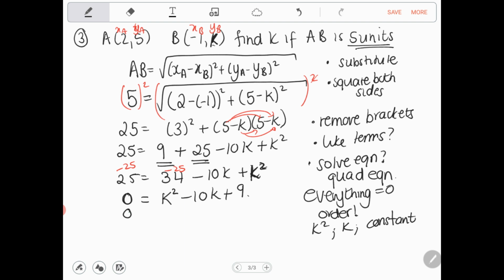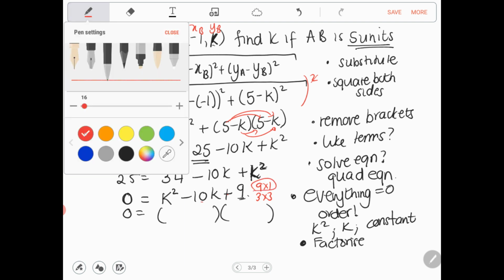All right, so I need to factorize. So we've got numbers that multiply to give 9. 9 times 1, 3 times 3. But they've got to add to give 10. So it has to be the 9 and the 1.